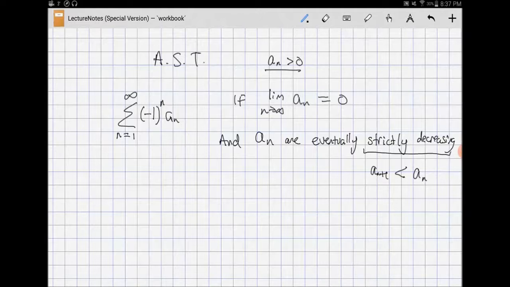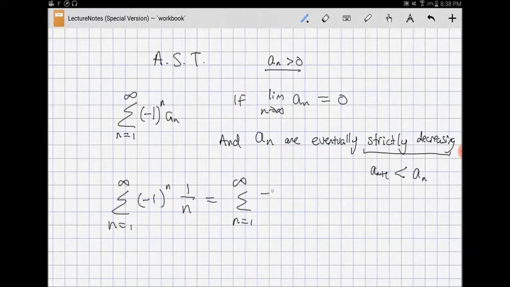So for example, let's go back to our well-known and well-loved harmonic series, except this time let's have (-1)^n in front of it. So we can rewrite this as (-1)^n times 1/n, where this portion is our harmonic series, or we can write it as the sum from n equals 1 to infinity of (-1)^n over n.